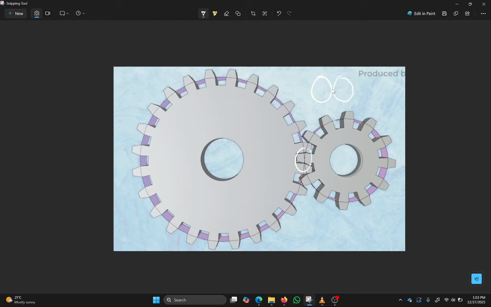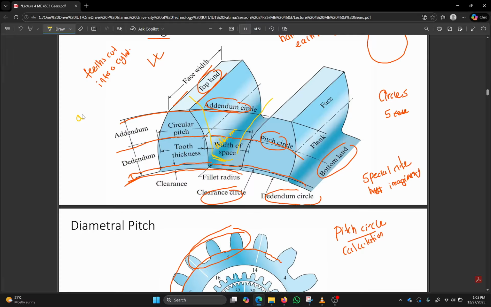If that gear's addendum touches my bottom land, there will be huge friction. I don't want the addendum of gear one to touch the dedendum of gear two. Otherwise there will be huge friction and wear and tear, and your gear won't even last for, let's say, 5 days. That's why you always ensure that when gears mesh, they touch only at one point.